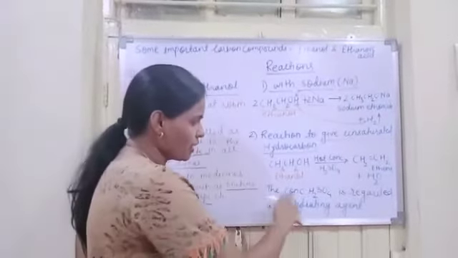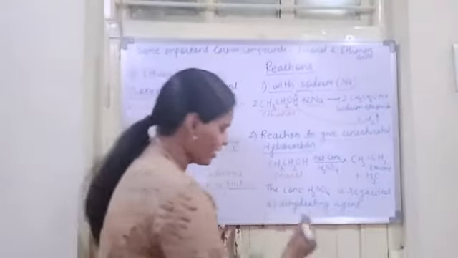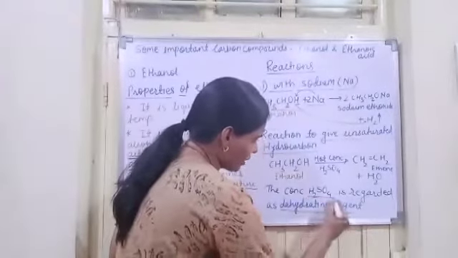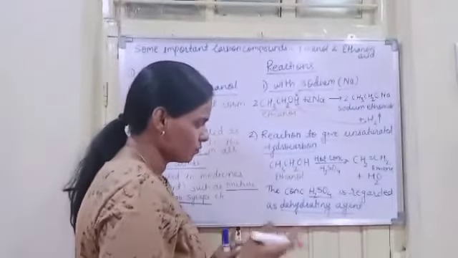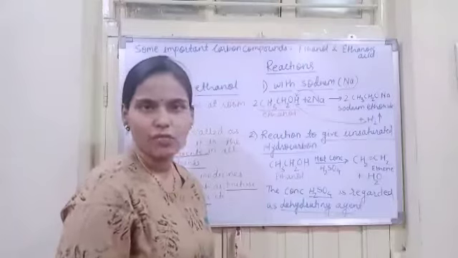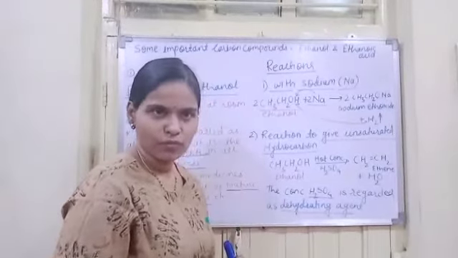Now in this reaction, the concentrated sulfuric acid is regarded as a dehydrating agent. Hydration means addition of a water molecule. Dehydration means removal of a water molecule. Understood this?